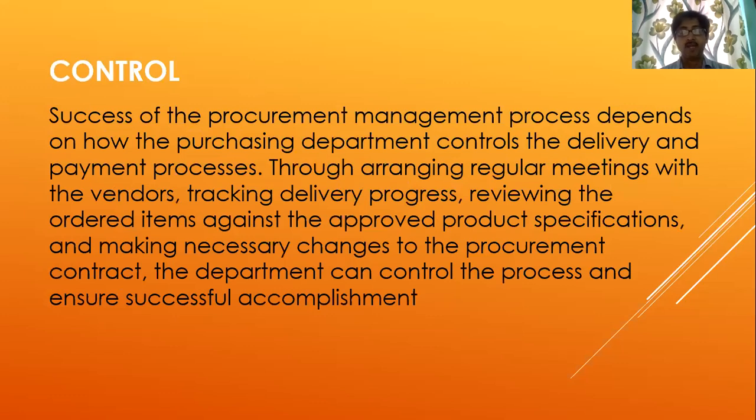Control, as we have told, there must be a thorough control. Whatever operation you are executing, if you do not have the right control on them, the operation is not exactly being followed up. So you have to do a proper control on them.